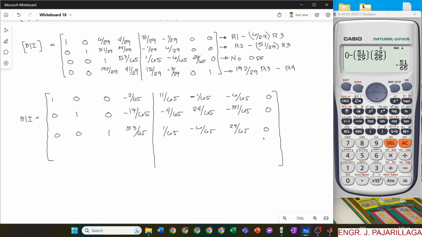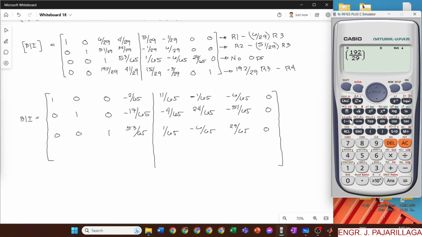So, for the third row, for the last row, rather, row 4, the operation is 192 over 29 multiplied by R3 minus R4. So, gawin natin yon. Shortcutting ko siguro. 192 over 29.